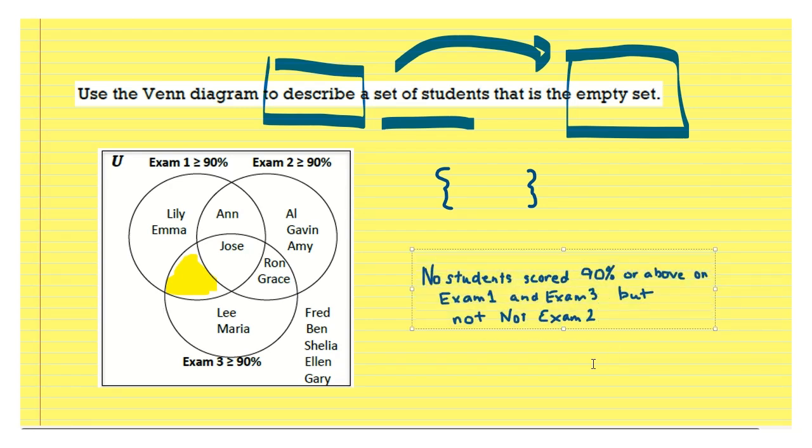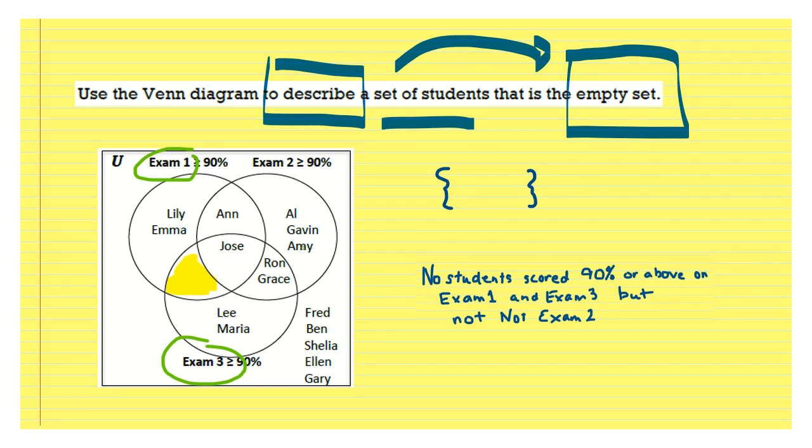No students scored 90% or higher on exam 1. There's exam 1 or exam 3, but not exam 2. And I wrote not twice, didn't I?